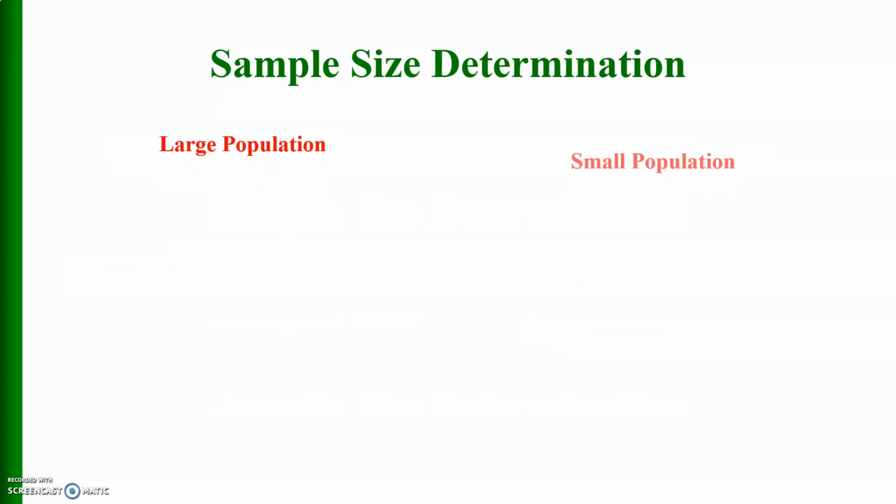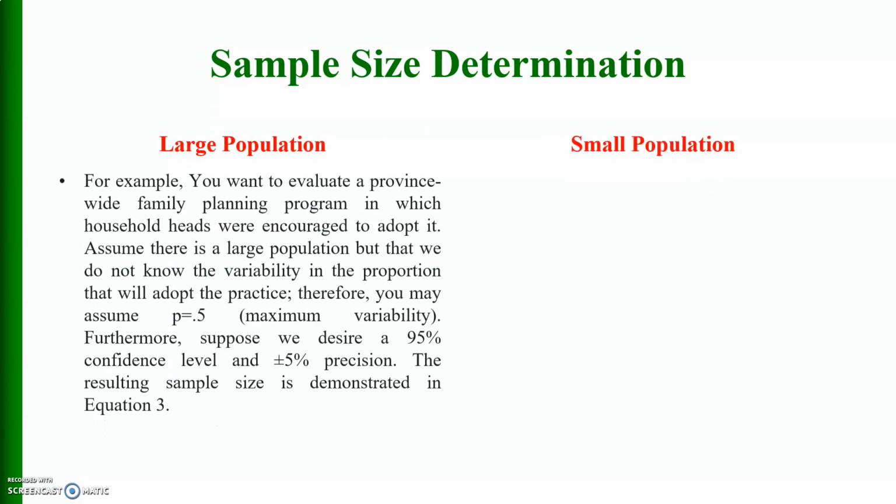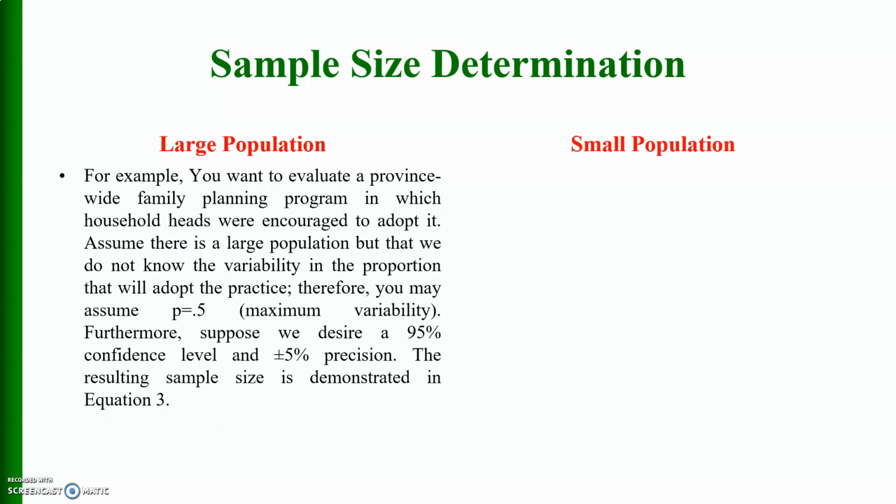Now let me give some example of sample determination in a larger population. Here is the example. Suppose we want to evaluate a province-wide family planning program in which household heads were encouraged to adopt it. Let us assume that there is a large population, but that we do not know the variability in the proportion that will adopt a practice.